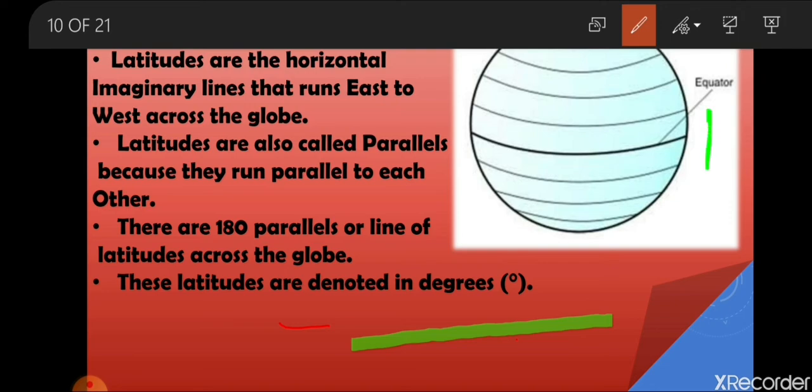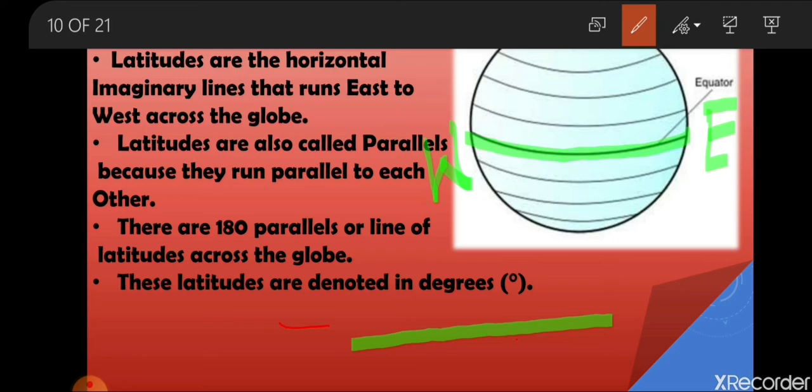All of you know that this is east and this is west. So the horizontal line that runs from east to west across the globe is the line of latitude.